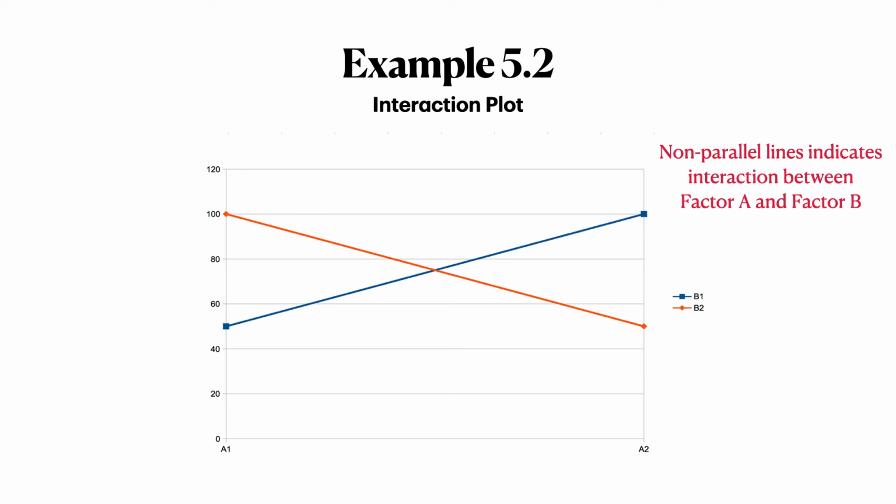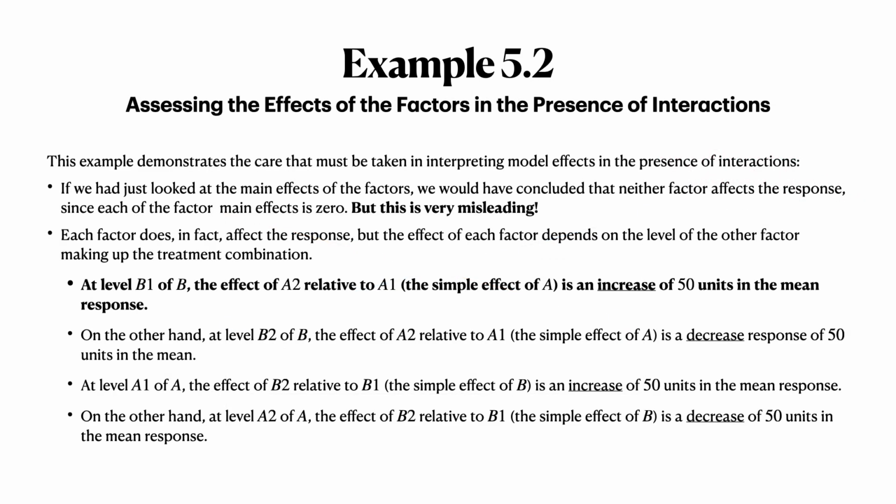So how are we to assess the effects of the factors in the presence of interactions like this? And even if the interaction is not that strong, how should we interpret the effects of the factors? This example demonstrates the care that must be taken in interpreting model effects in the presence of interactions.